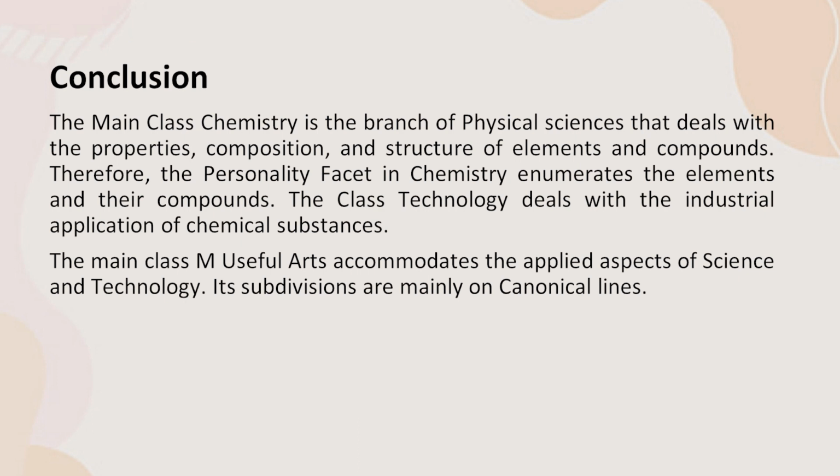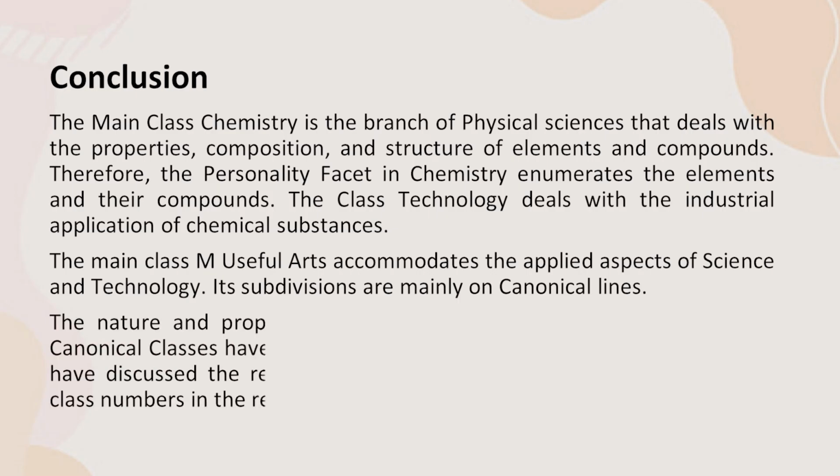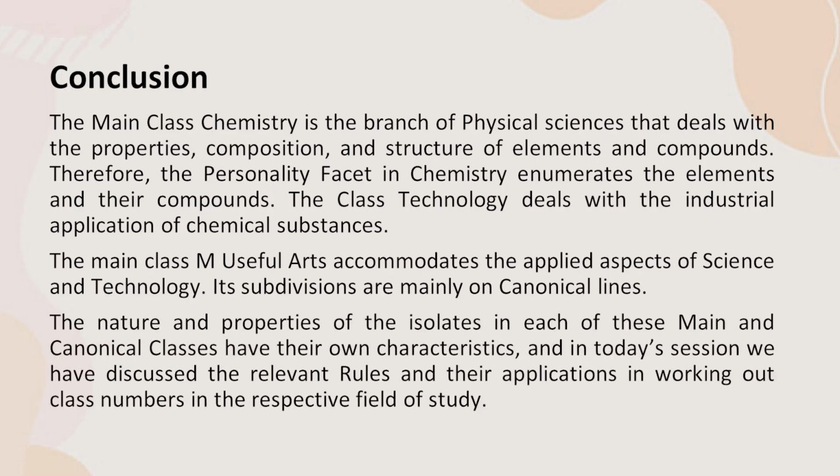Its subdivisions are mainly on canonical lines. The nature and properties of the isolates in each of these main and canonical classes have their own characteristics, and in today's session we have discussed the relevant rules and their applications in working out class numbers in the respective field of study.